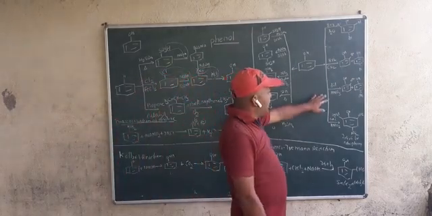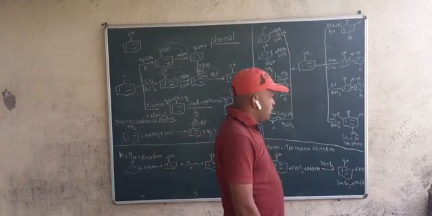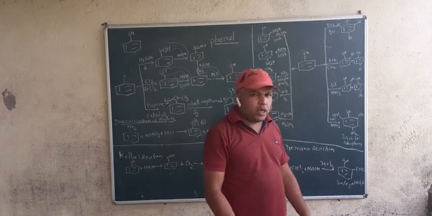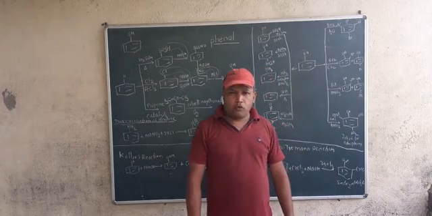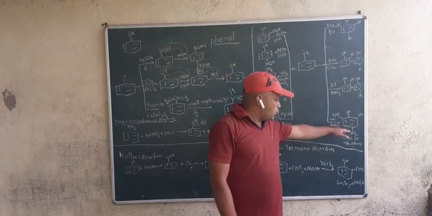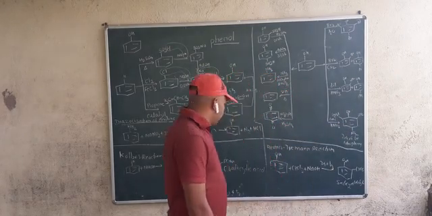When it is treated with dilute nitric acid, you will get both the products, ortho and para. But when you treat with concentrated nitric acid, you will get 2,4,6 trinitrophenol, which is also called picric acid. 2,4,6 trinitrophenol.